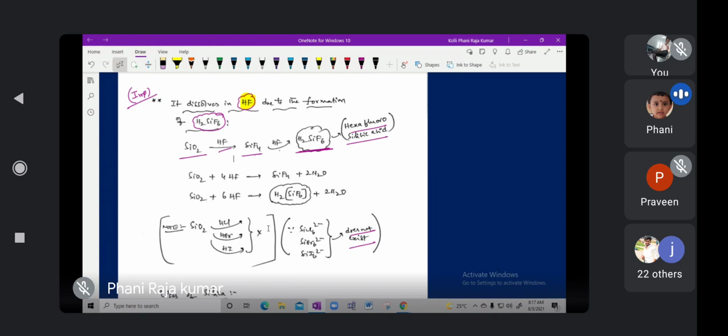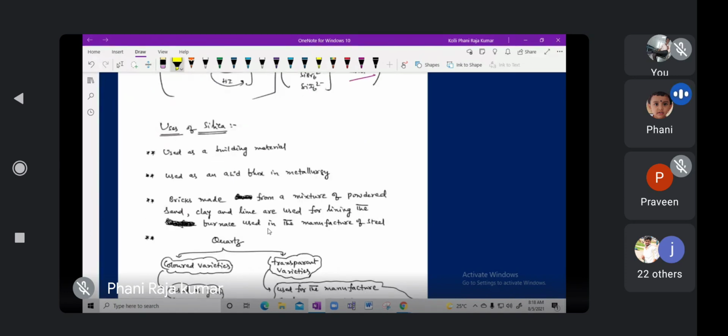Etching on glass surface with the help of HF is mainly due to formation of soluble hexafluorosilicic acid, octahedral SiF6 2 minus ion. Similar SiCl6 2 minus, SiBr6 2 minus, SiI6 2 minus do not exist on the basis of steric factors. That's why the only compound which dissolves SiO2 is HF.